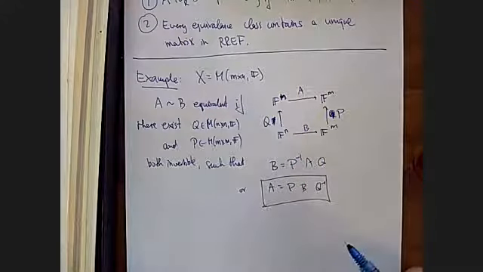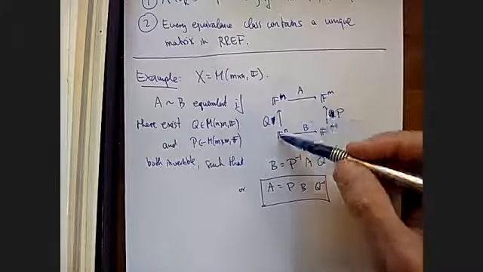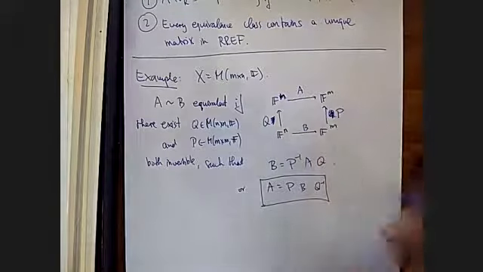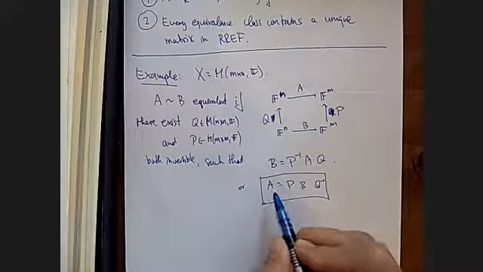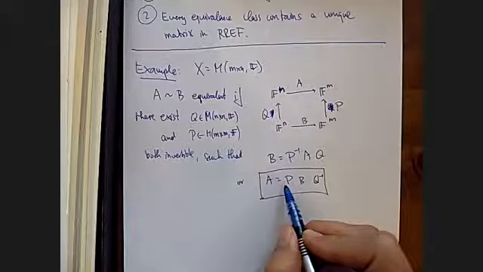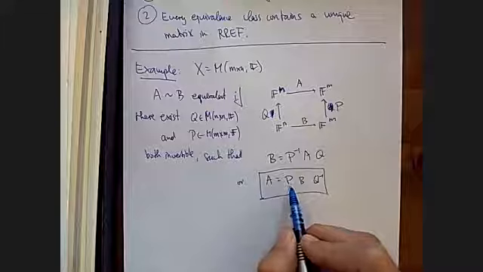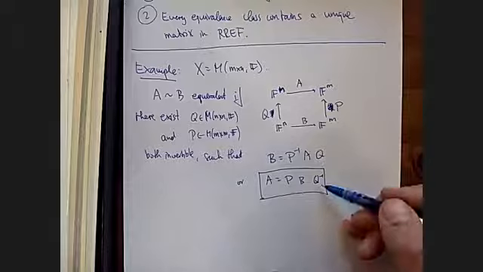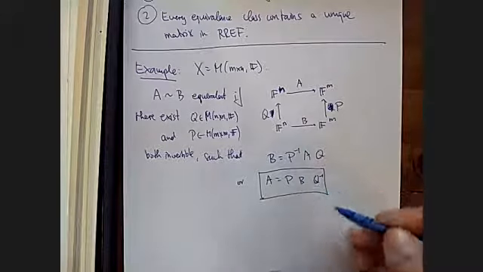So the two matrices are equivalent if they're related by a change of basis. Another way to say it is that if I can get from B to A by multiplying on the left with an invertible matrix, that means I'm doing some row operations on B, but then I'm also multiplying on the right with an invertible matrix. So I'm also doing column operations.